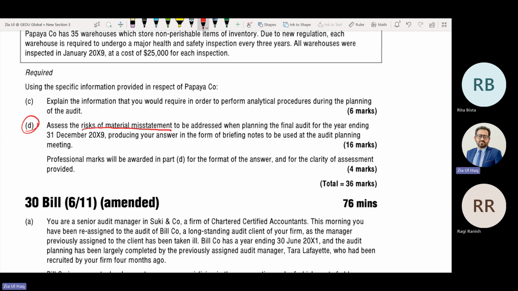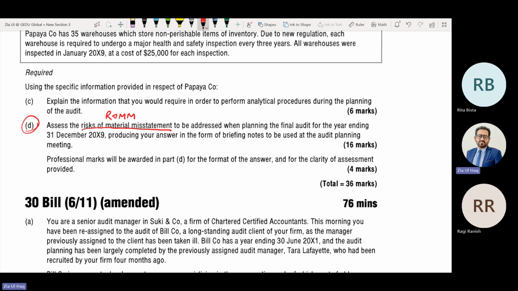So risk of material misstatement, we need to identify. Risk of material misstatement means inherent plus control. If examiner asks about audit risk, then we will discuss inherent, control, and detection risk. Misstatements may not be prevented, detected, or corrected by the system. But if we are finding control risk under risk of material misstatement, then we will link each control risk with the misstatement as well.